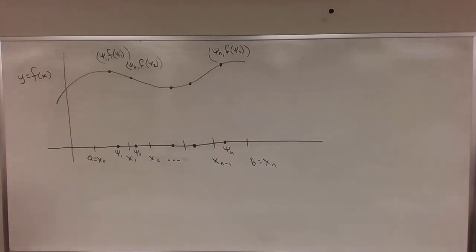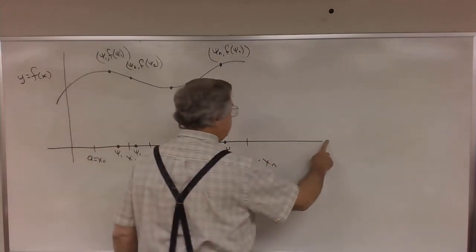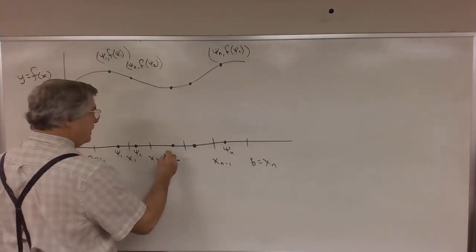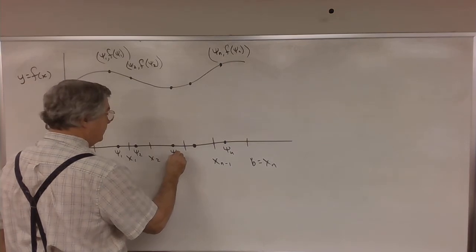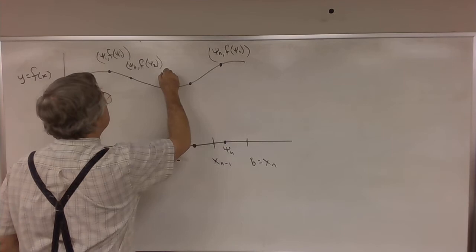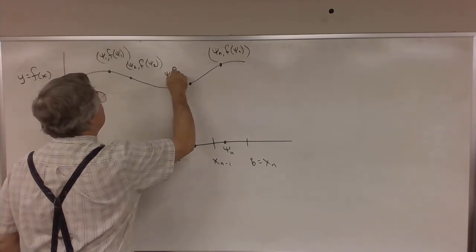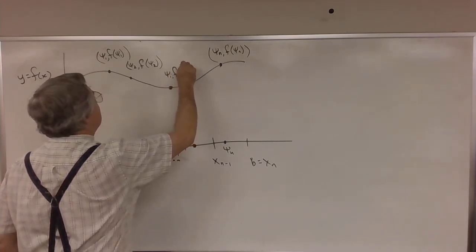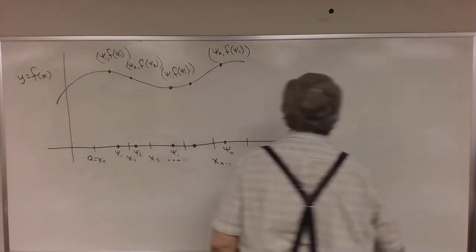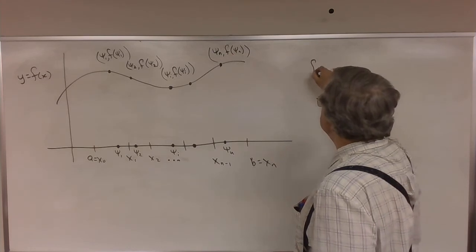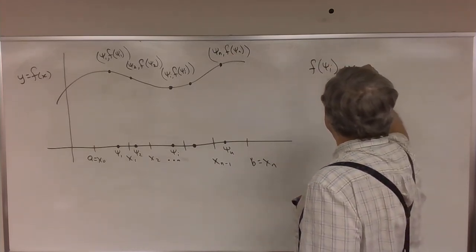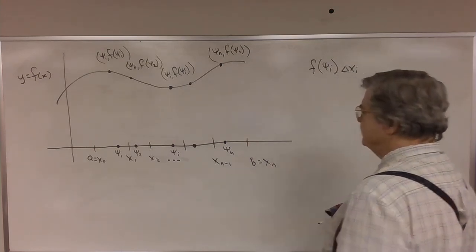Now note in our definition of Riemann sum, well, you know what? I guess I'll make this the ith subinterval. In our definition of Riemann sum, we had f of psi sub i delta x sub i.